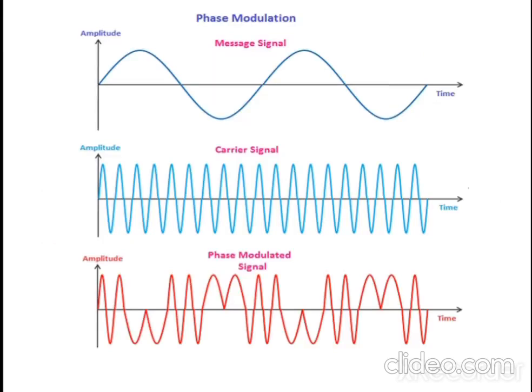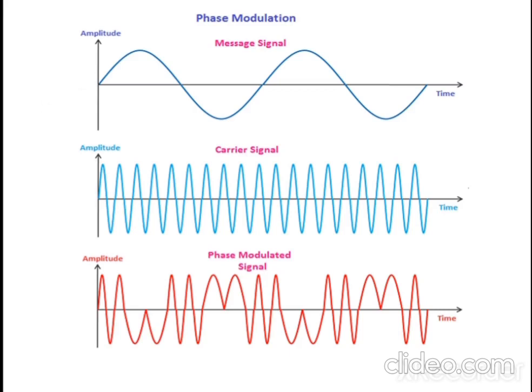Then the diagram. The first diagram is the message signal, a low frequency signal. The second diagram is the carrier signal, a high frequency signal. And the third diagram is the phase modulated signal. In the carrier signal, when the phase of the message signal is changed at that point, the phase of the carrier signal is changed, with a 180 degree phase shift.